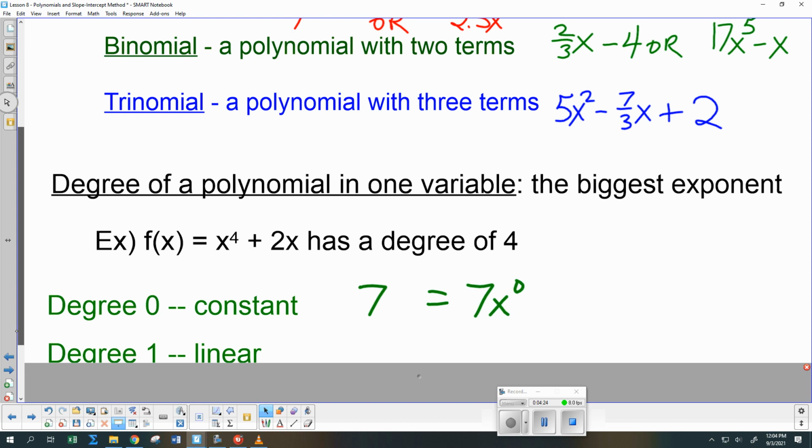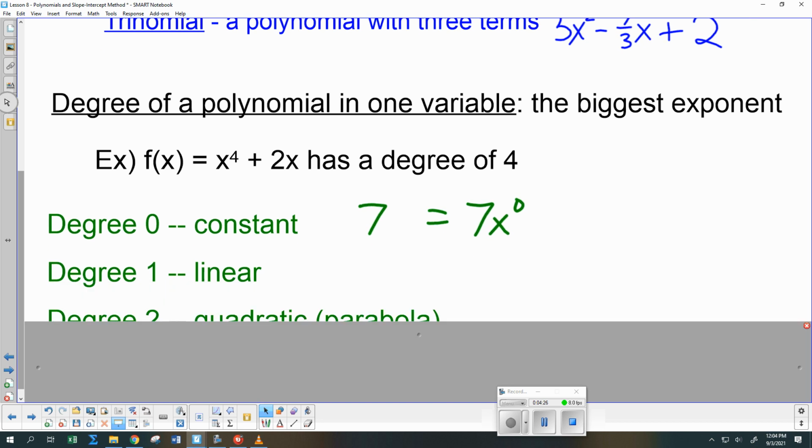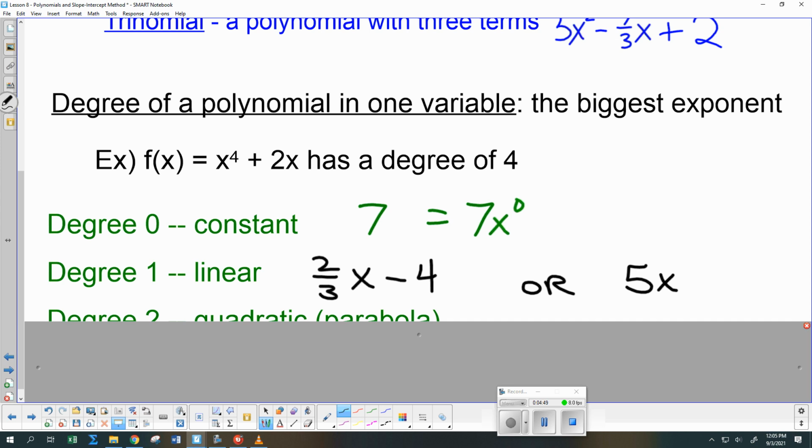If it is first degree, like we will be talking about today, we are going to call it linear. So that's going to be something like 2/3 x minus 4. So we can figure out how to graph it. That's x to the 1st. It would also be degree 1, even if it is not a line, if it was something like just 5x. I don't have to have something else outside of that for it to be linear.